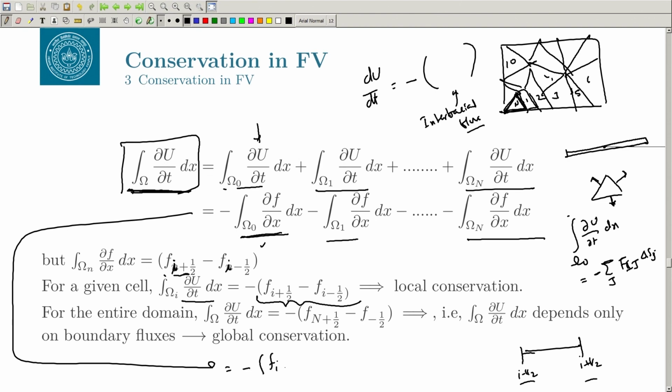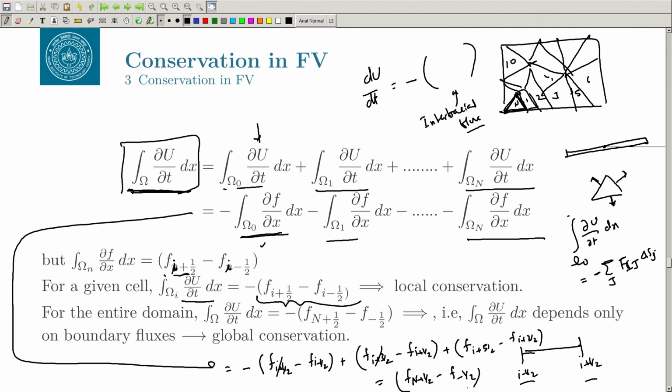This is f I plus half minus f I minus half, and then you will have f I plus 3 half minus f I plus 1 half, plus f I plus 5 half minus f I plus 3 half, and so on and so forth. All these terms will cancel out, and what you will ultimately get is f n plus half minus f minus half.